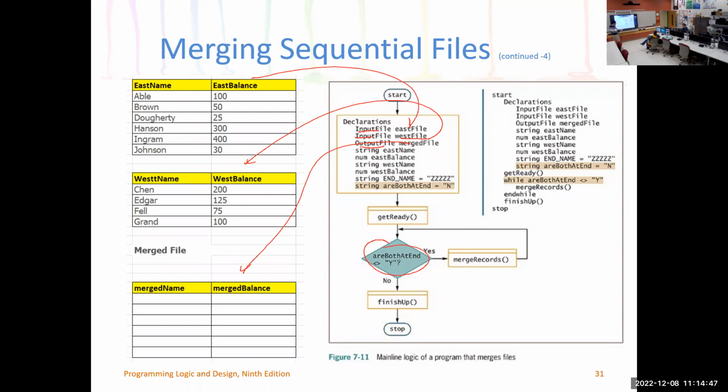If not, you have to keep doing it. Right? So every time you take one out, and you compare. If this one is less than, you put it in the merge here, right? So when you're done with this one, you move to the next one, compare again. If this one is less than, put it to the output, and so on here.